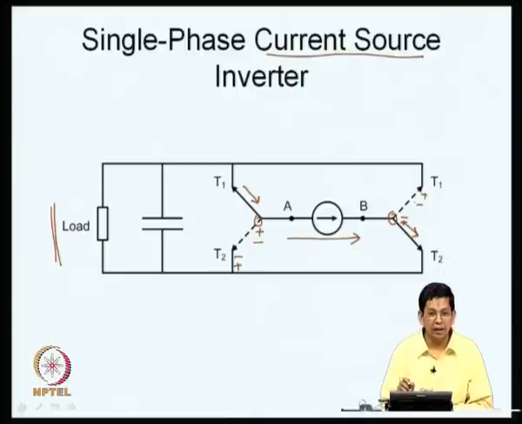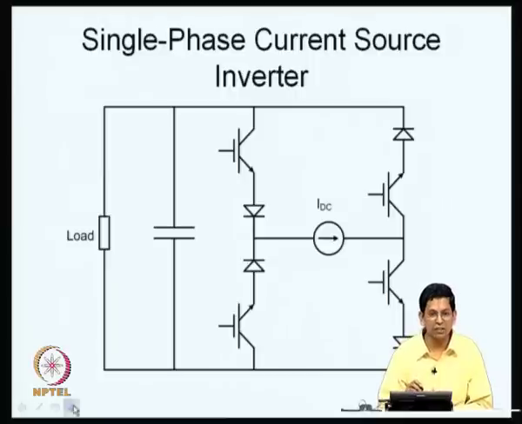So, now what you need between A and T1, for example, or A and T2, is a switch which conducts in only one particular direction, but which can block voltages of either polarity. Hence, this is the realization.